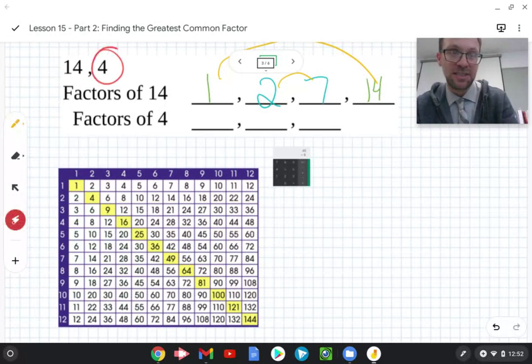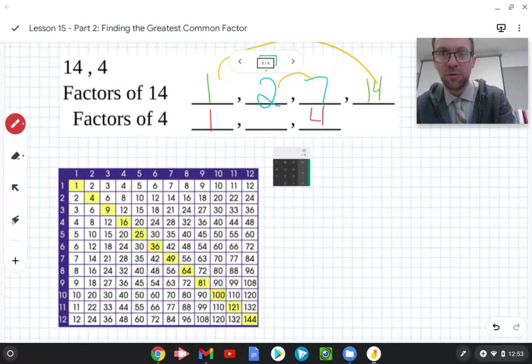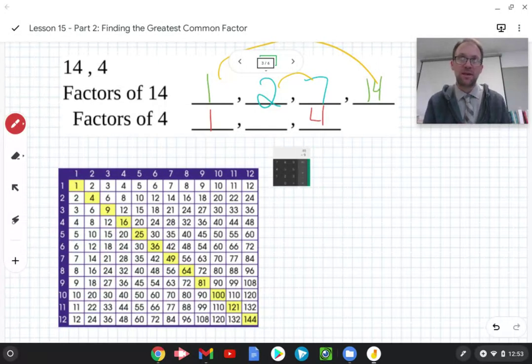Now we have to factor the second number in our set, which is 4. Let's start with what we know. We know that 1 times the number itself will always get us a factor pair. And now with 4, we can think of the other numbers that multiply, and that's 2 times 2.